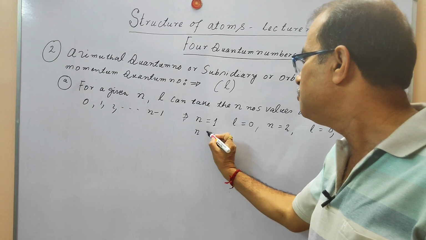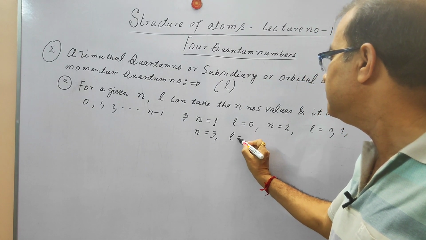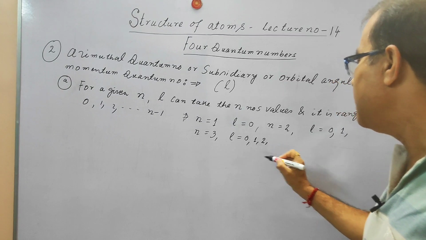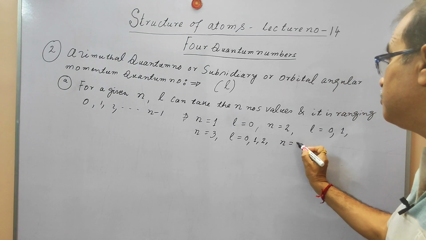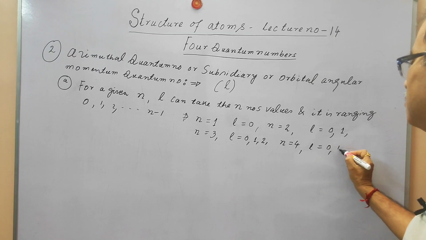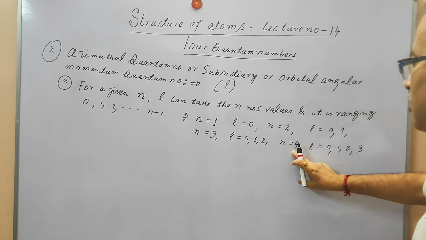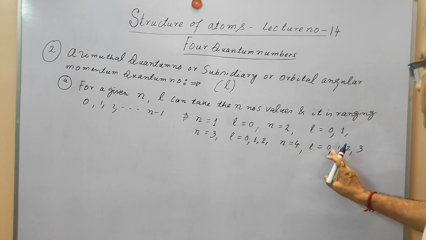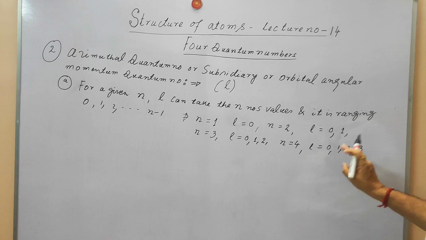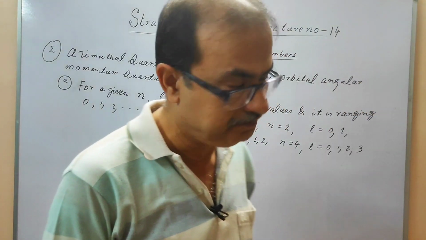When n equals 3, l will have three values: 0, 1, 2. And when n equals 4, l will have four values: 0, 1, 2, 3. So this is a very important thing to understand.